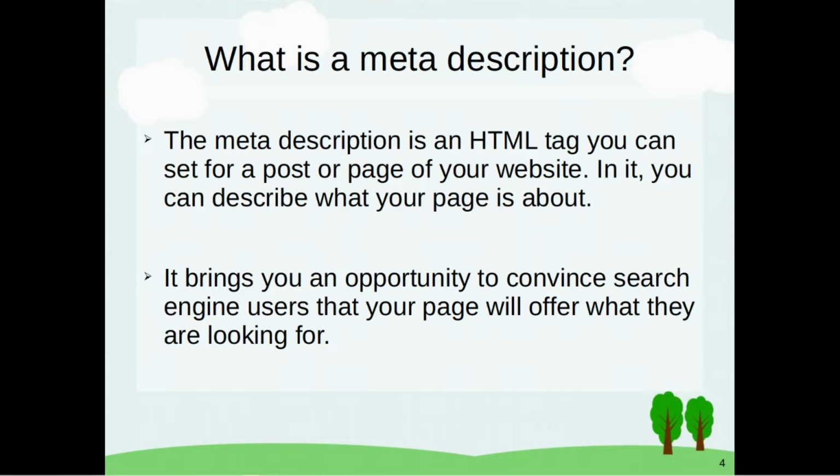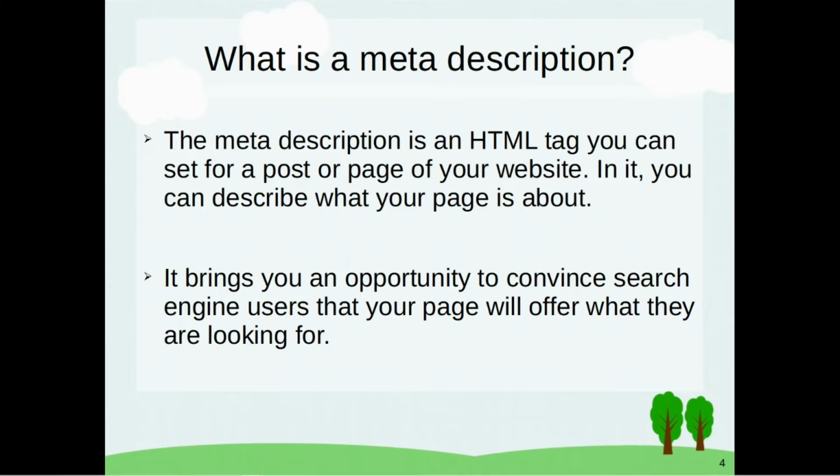Simply, if you are looking for fruits and vegetable shops and you type that, all the fruits and vegetable websites will come to your search engine results page if the meta description and title are correct.